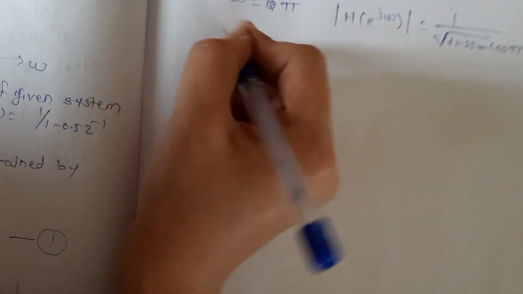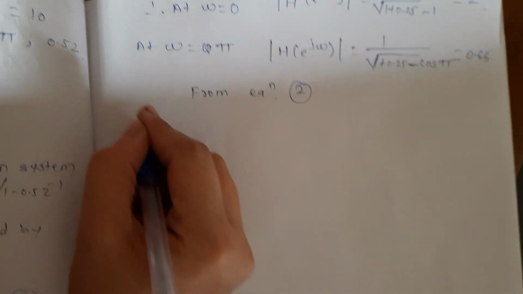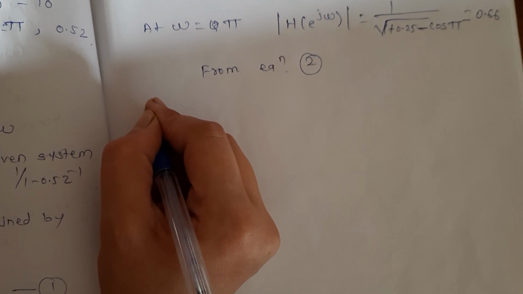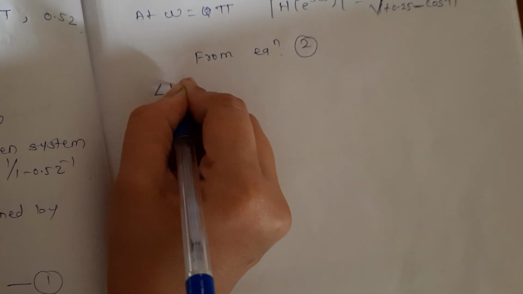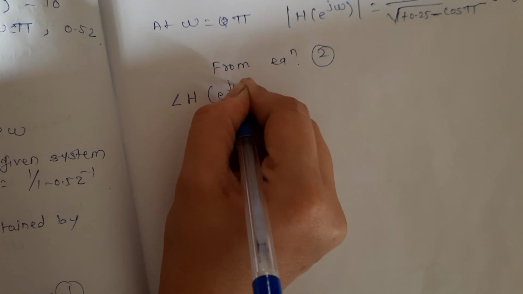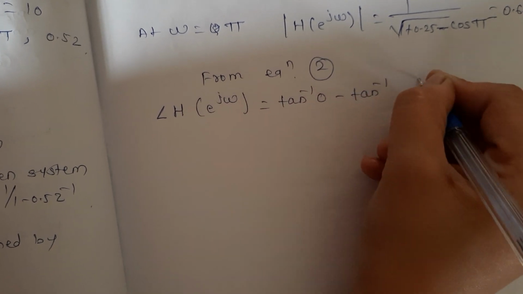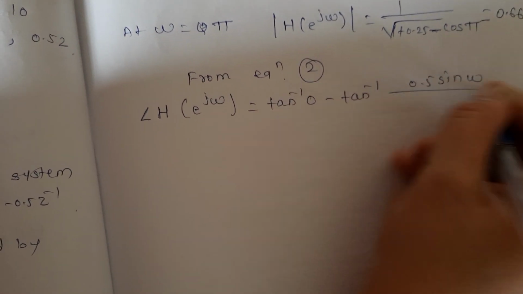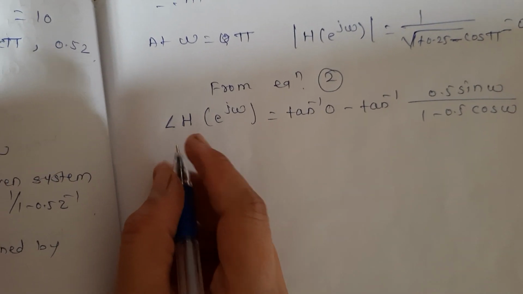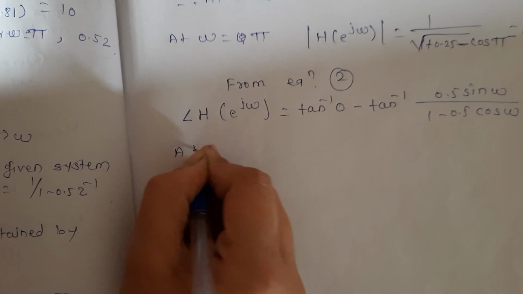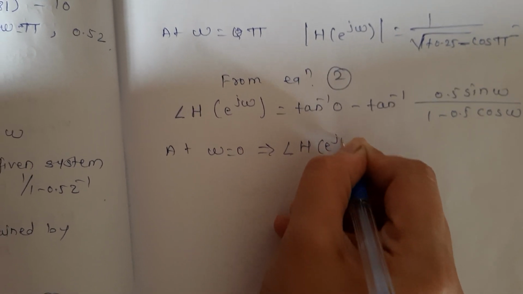Now from equation 2, angle of H of e raised to j omega is equal to tan inverse of 0 minus tan inverse of... we have to find the angle values for all these.